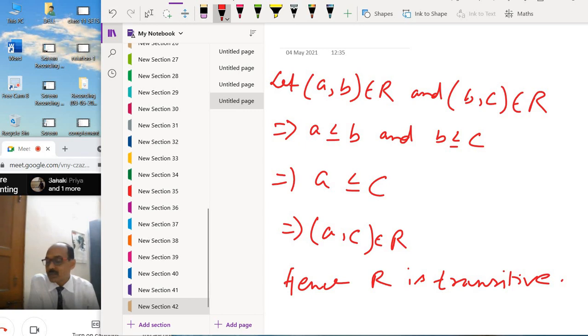The question was to show it is reflexive, transitive but not symmetric, so it is proved.